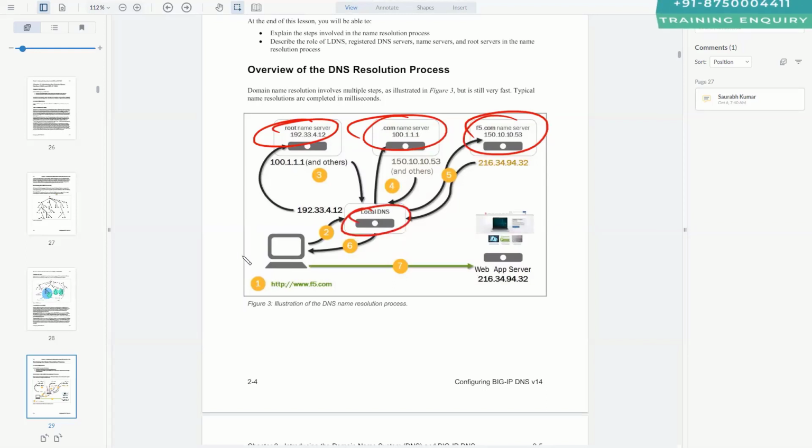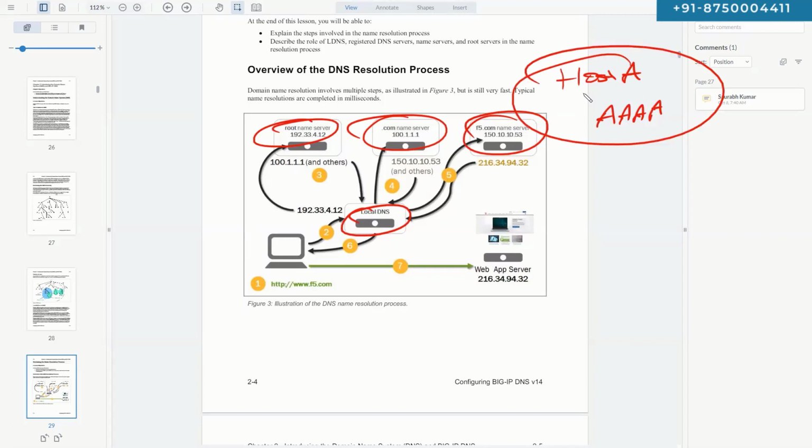But we still have a way to go, because when it comes to creating entries on your DNS servers, we have a couple of different entries, like the host A entry. In most cases, you would have host A or quad A entries, in most cases.